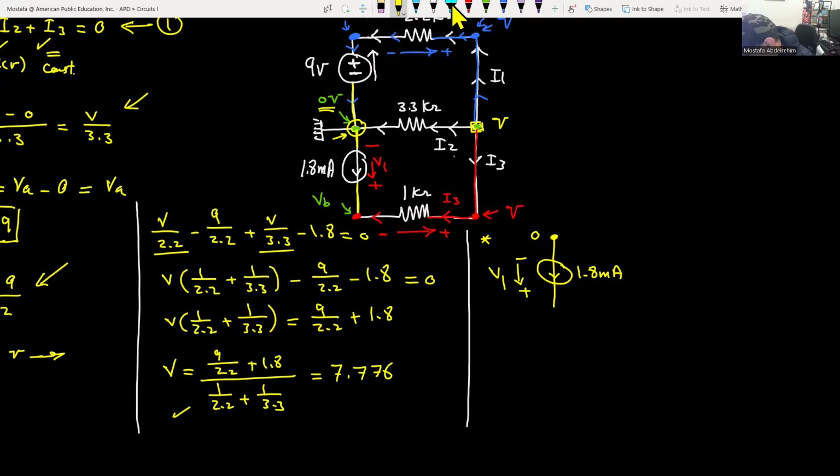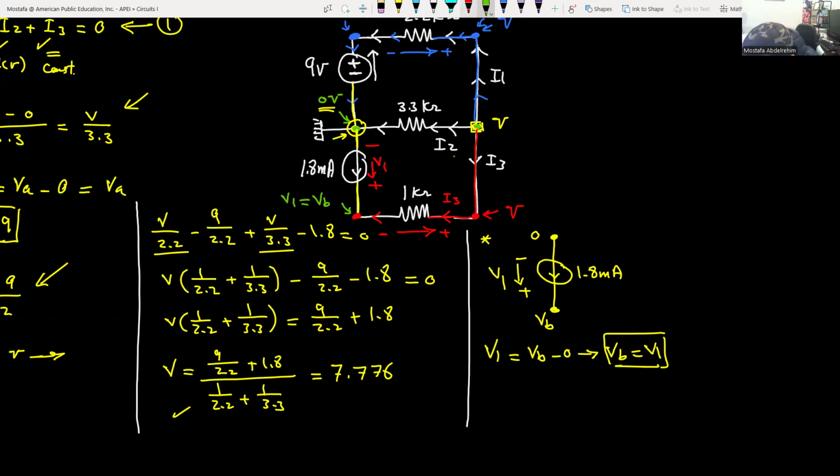So when we know the voltage from negative to positive like that is called V1, that means that point, which is VB, is higher than 0 by V1. So V1 is equal to VB minus 0. So that means VB is equal to V1.